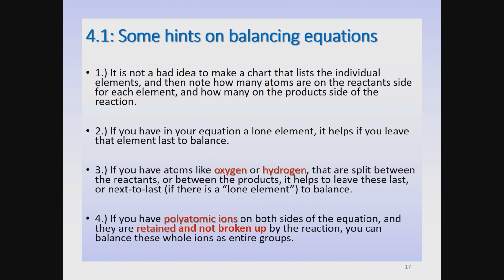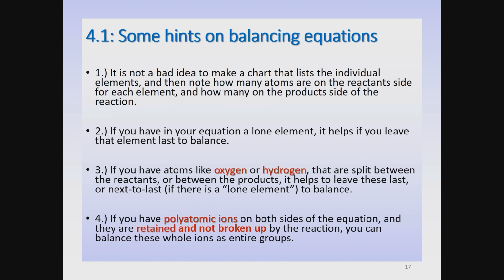The next bit of advice: a lot of times you'll see oxygens and hydrogens split up between multiple compounds on either the reactant side or the product side of the equation. If that's the case, I would recommend waiting for those until last or next to last to balance.